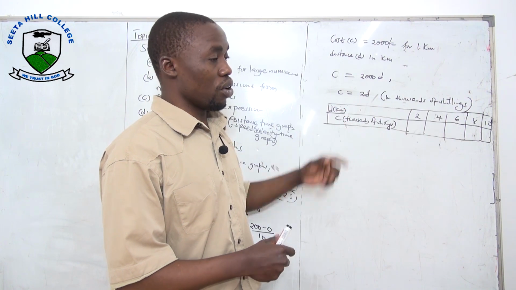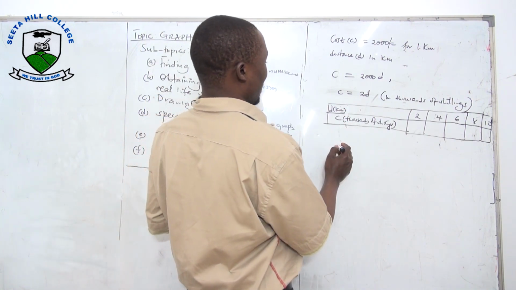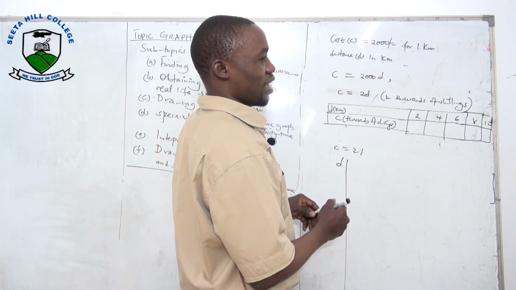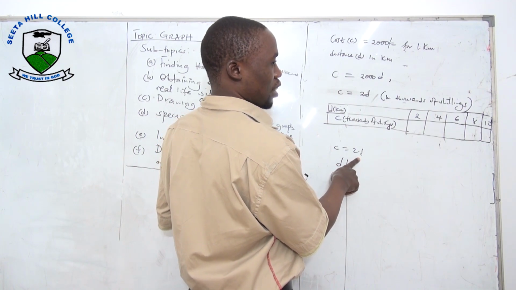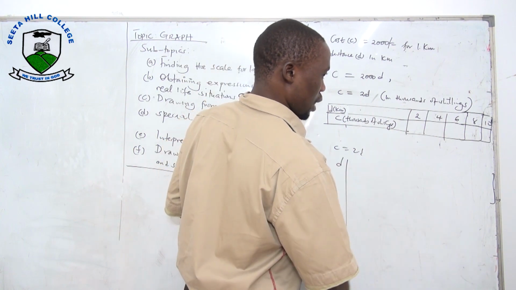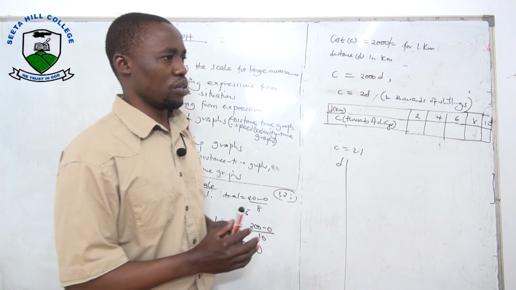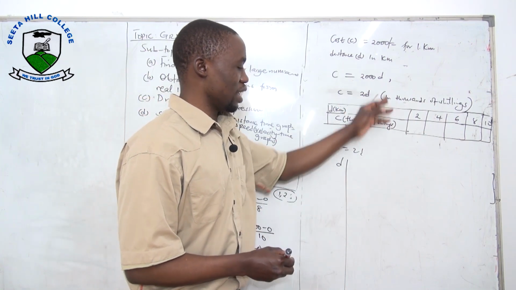So, in real life graphs, you'll never have C is 2D and D is put here. This is calculated using this. That means dependent variable, independent variable.